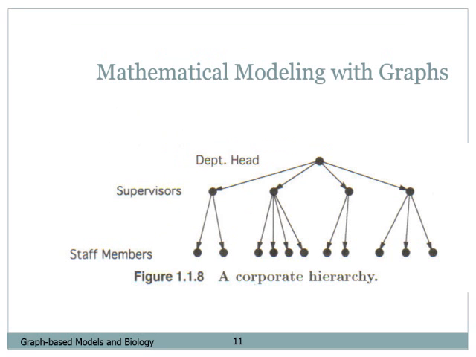However, in the corporate hierarchy example, all the edges have direction, and so we have a digraph where the relationship is definitely one way. That is, the staff members do not supervise the department head, even though perhaps they would like to.